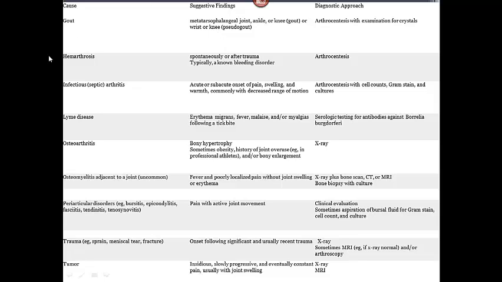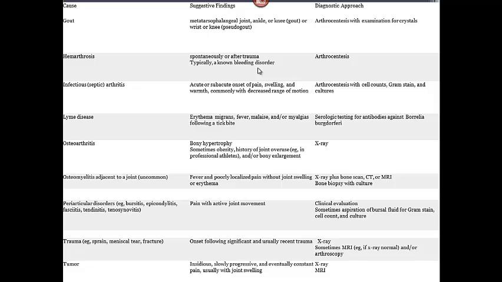What about hemarthrosis? This hemarthrosis is basically in patients that have bleeding disorders. Okay, so these patients, most of the time, have a spontaneous bleed. For example, if they have factor 8 or factor 9 deficiencies, such as hemophilia, they get hemarthrosis.